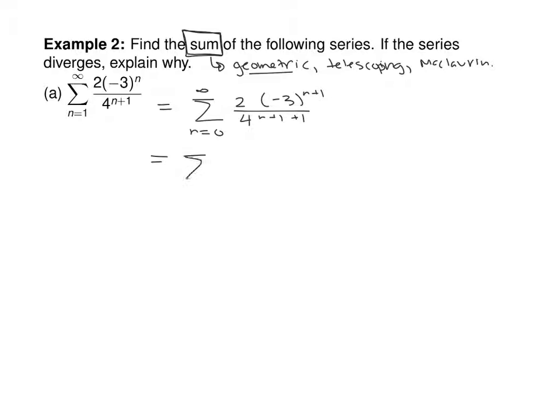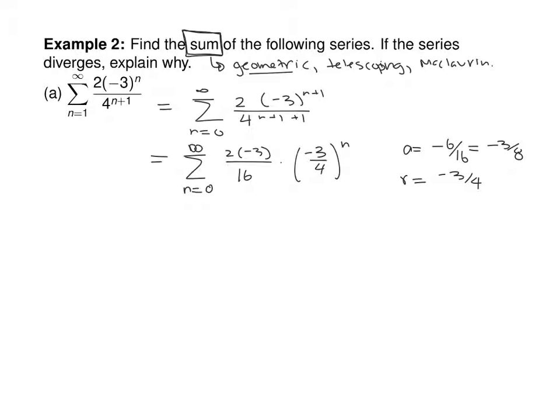So peeling this off into the a, the constant, and the r, we have 2 times -3 over 16, because that was 4 squared, times -3/4 to the n. So notice that the a is -6 over 16, which is -3/8, and the r is -3/4.